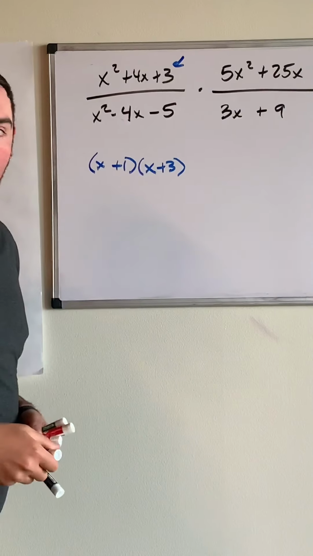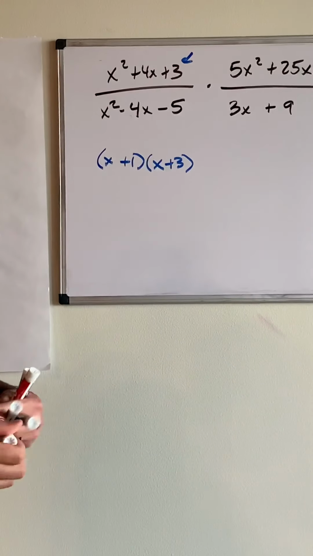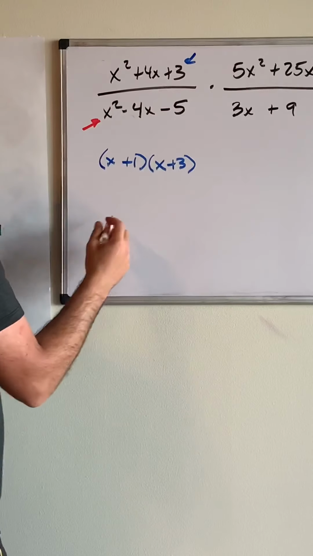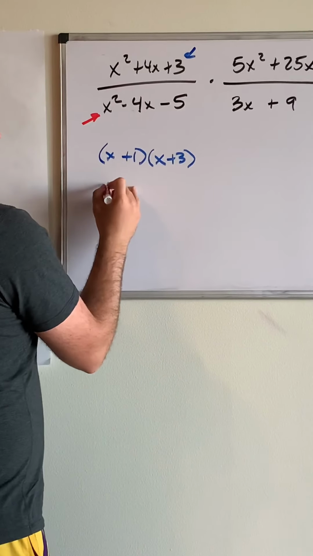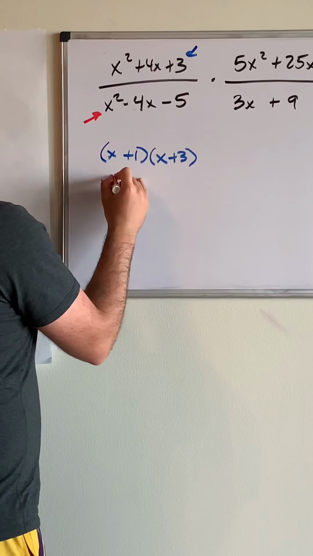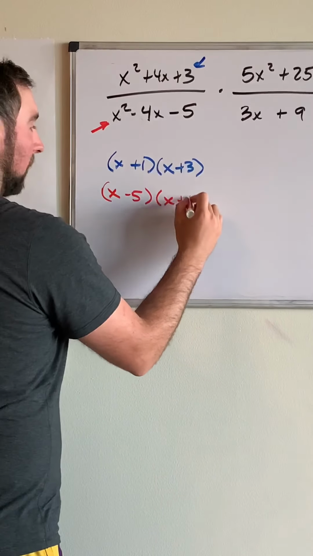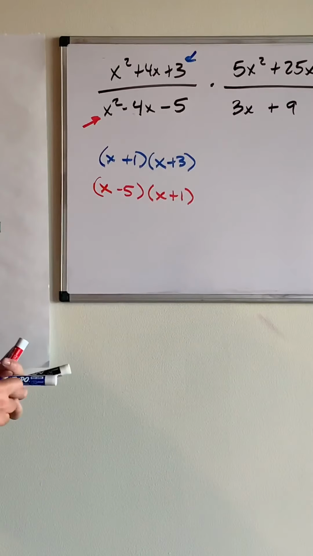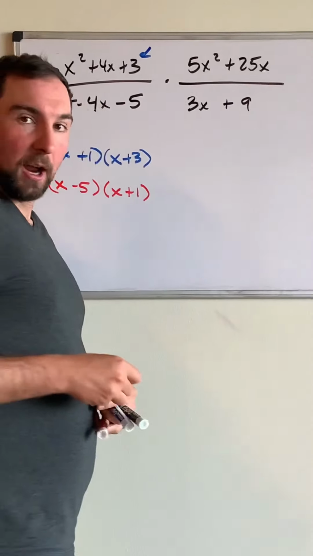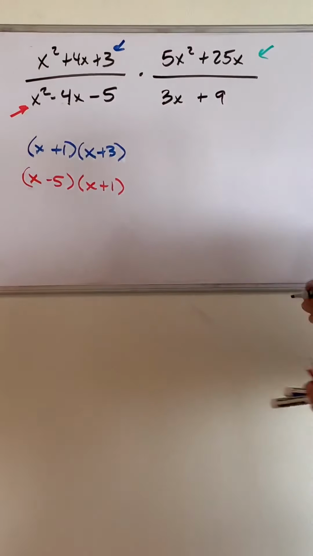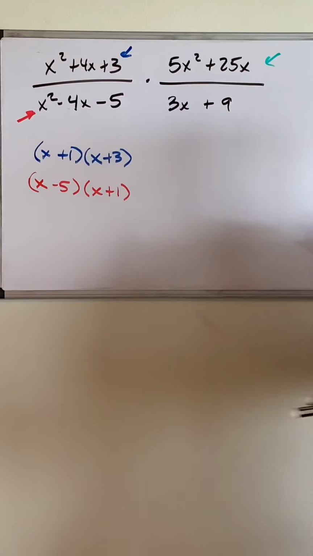I'm not going to really go over the steps of factoring. We've done that before. This one down here is going to be in red. On the bottom of that, we're looking at x minus 5 times x plus 1. I'm going to do this top one in green. This is just greatest common factor.